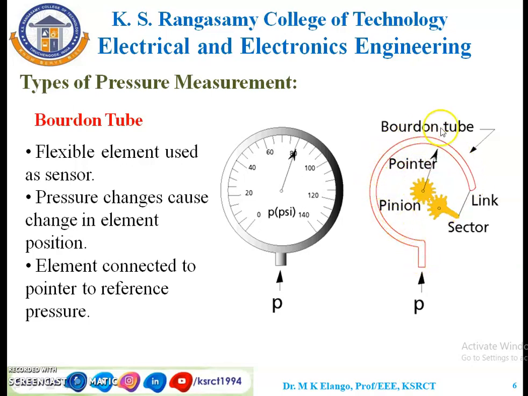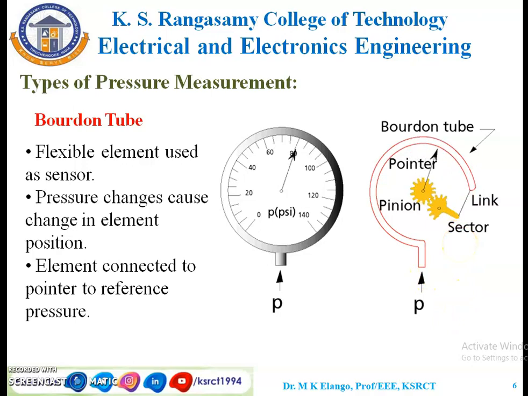This arrangement is called a Bourdon tube. Through this Bourdon tube we apply the pressure, so due to the pressure, the Bourdon tube changes position. By the link and sector, the pointer is deflected. The deflection produced by this Bourdon tube is directly proportional to the amount of pressure we apply.